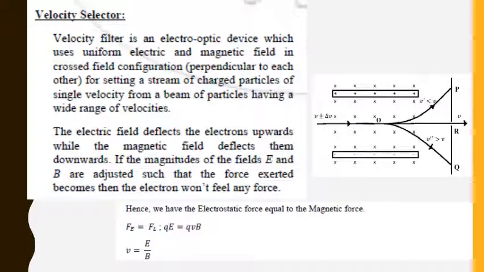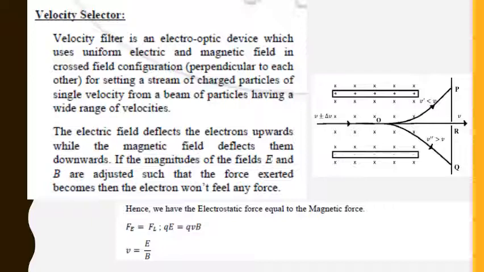As you can see in the figure, two plates are there, one at the top and one at the bottom. The top plate is positively charged and the bottom plate is negatively charged. We have also applied a magnetic field in this region, represented by crosses at uniform distance.